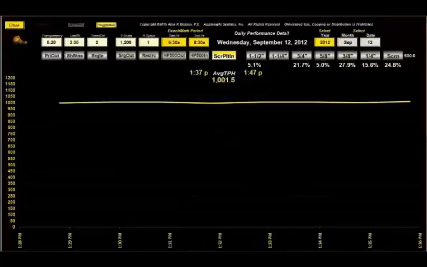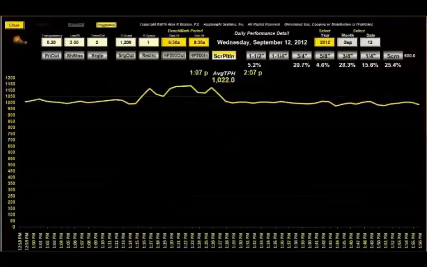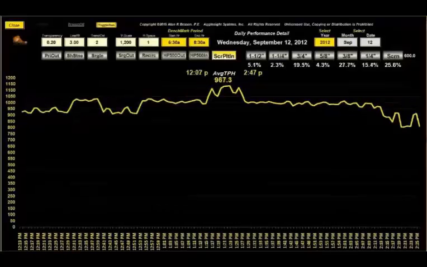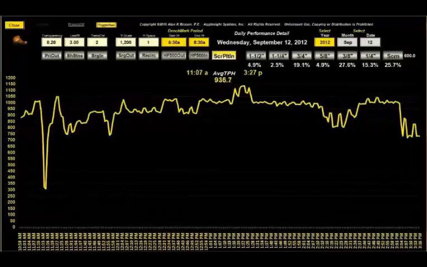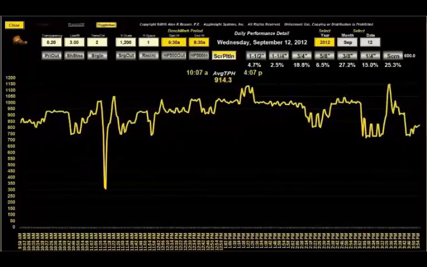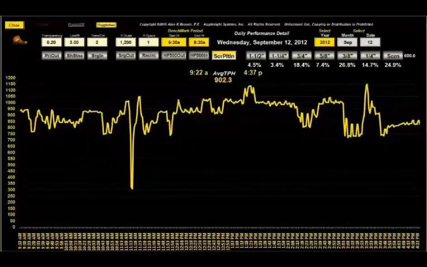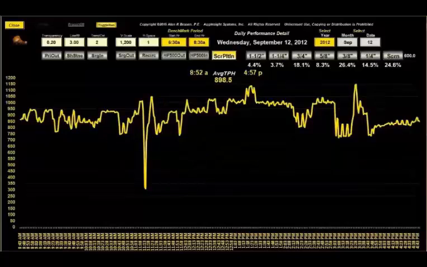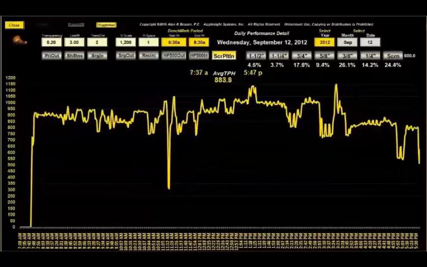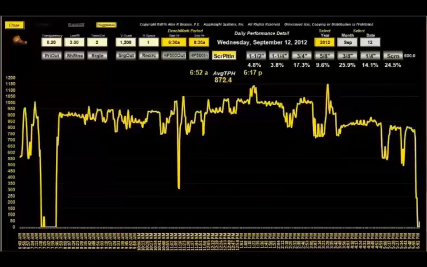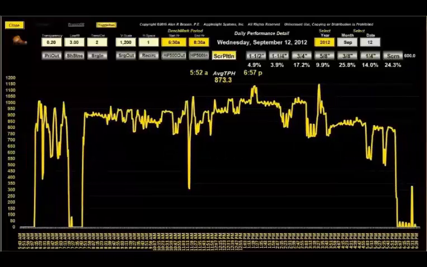This 10-minute snapshot shows what appears to be a steady-state process, capable of achieving its design rate of 1,000 tons per hour. However, as the rest of the day is exposed, it immediately becomes obvious that the steady-state presumption used in flow modeling software does not represent operating reality.